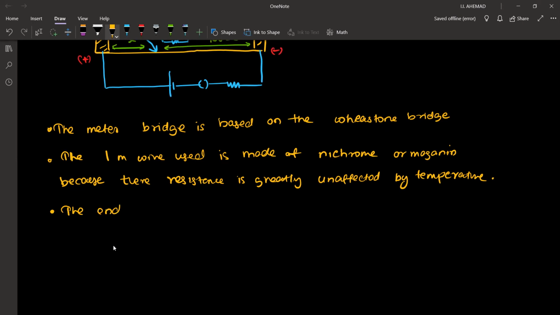The ends of the wires are inserted into thick strips, as shown.